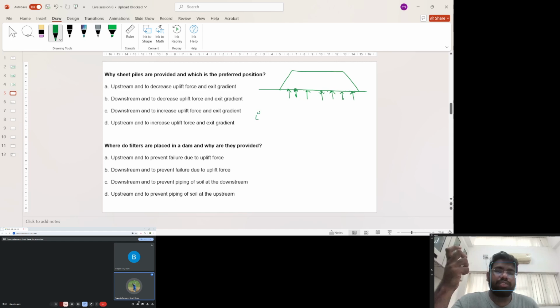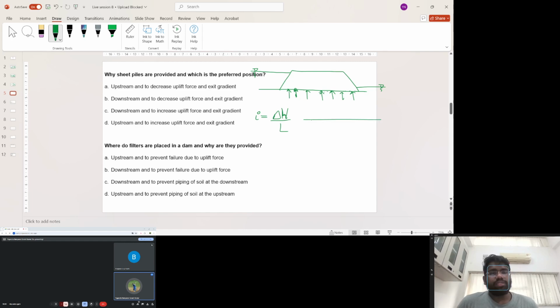That is, you have to decrease the hydraulic gradient, which is the head difference by the length. Now since we have a water position upstream and downstream, this remains constant, and hence this total delta H is never going to change. The only thing which we can change is the length of flow.